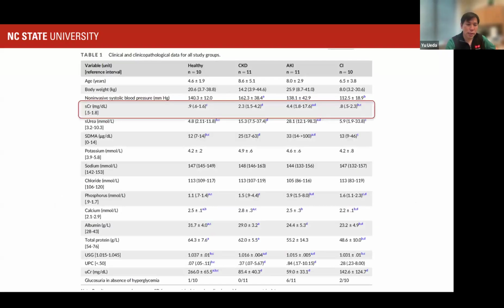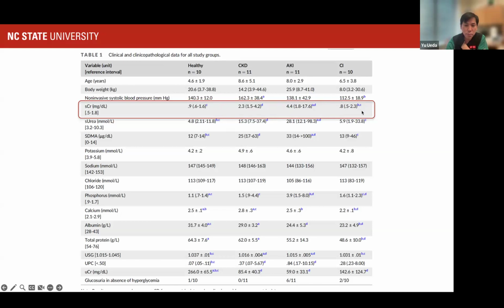This is the clinicopathological baseline data for all these study groups. You can see serum creatinine concentration was significantly different among these groups. The table shows the median and range of these values.